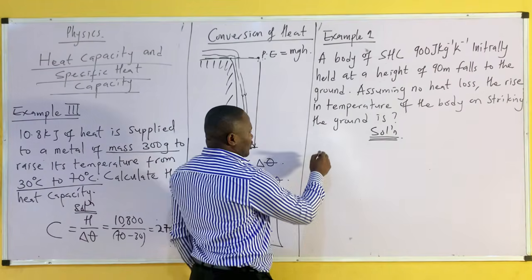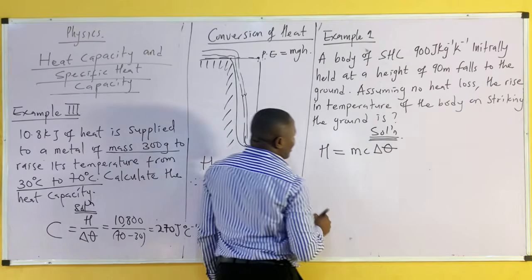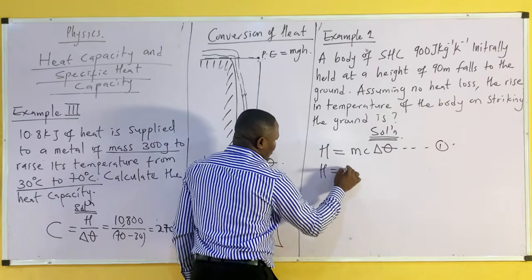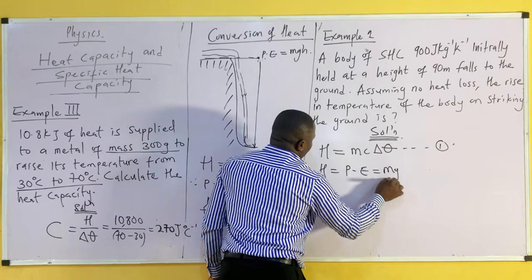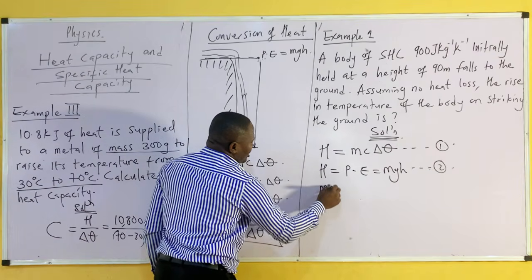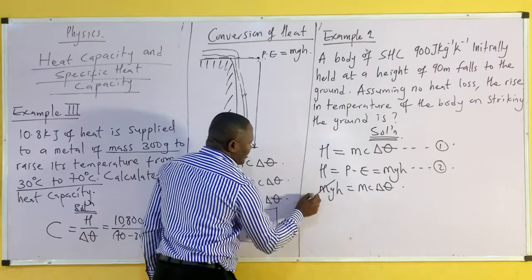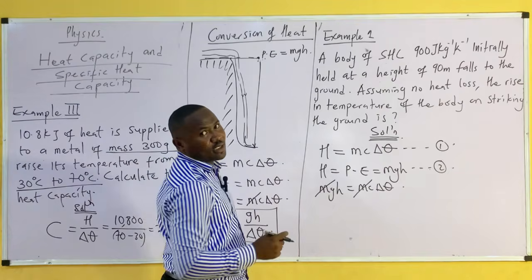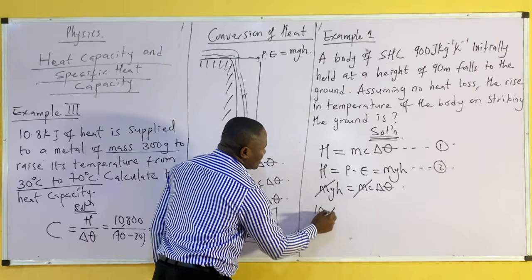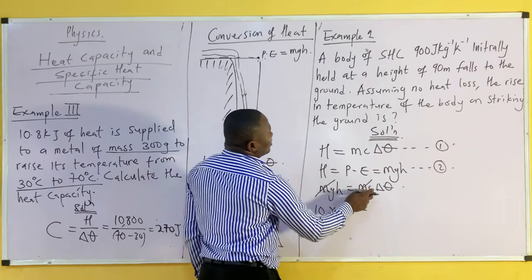Now it means, recall, heat is equal to mc change in theta. That's equation 1. And also heat, which equals potential energy, equals mgh, equation 2. So therefore, mgh is equal to mc change in theta. Now, m cancels m because it's the same mass. Then we have, what's our g? Our gravity is 10 times, what's our height? Our height is 90 meters, is equal to, what's our c?